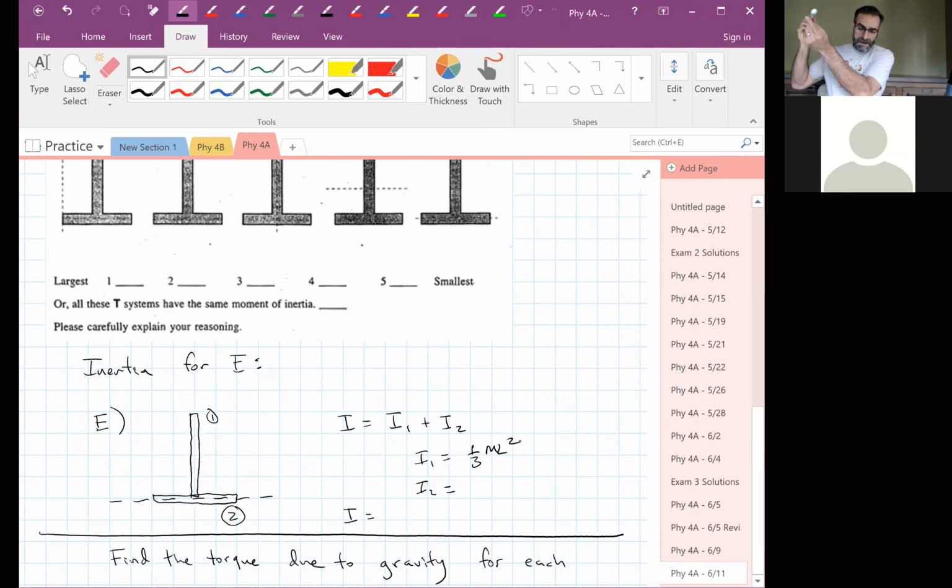A rod rotating about this point, right? So the axis of rotation is also the rod. So all the mass is on the axis of rotation. It has no rotational inertia, 0. Add them up. Okay.